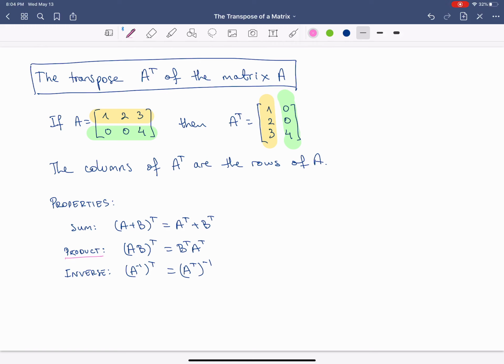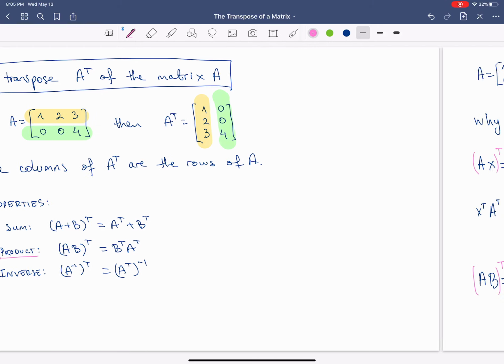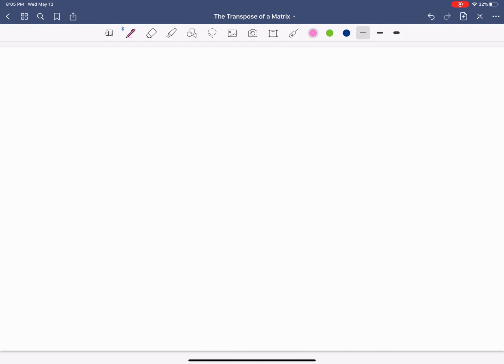So what is the statement about the inverse? It says that the transpose of A inverse is the inverse of A transpose. And now, using the statement about the product, this last step is very easy to show.